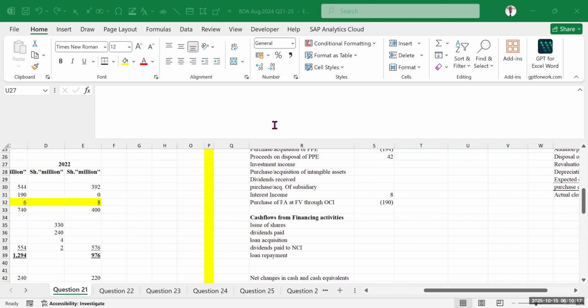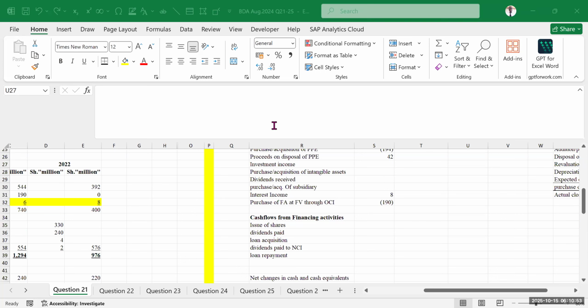If it is issue of shares, if it is payment to owners or shareholders to redeem their shares, if there is any cash proceeds realized on issue of, for example, debentures, loans, notes, bonds, mortgages, or any other short-term or long-term borrowings, whichever name they might give it, so long as it is either short-term or long-term borrowings, any cash proceeds from those activities fall under financing activities.